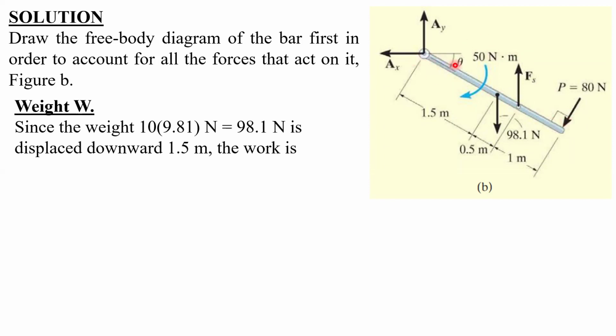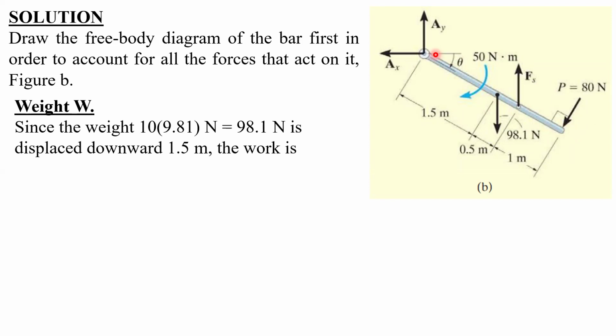Because the weight of this body will act at the middle of the bar, and the bar is 3 meters long, the weight is acting at the middle of the bar here. We are not looking at the path that the weight is taking. We are only looking at the difference between the initial position of the weight and the final position of the weight.